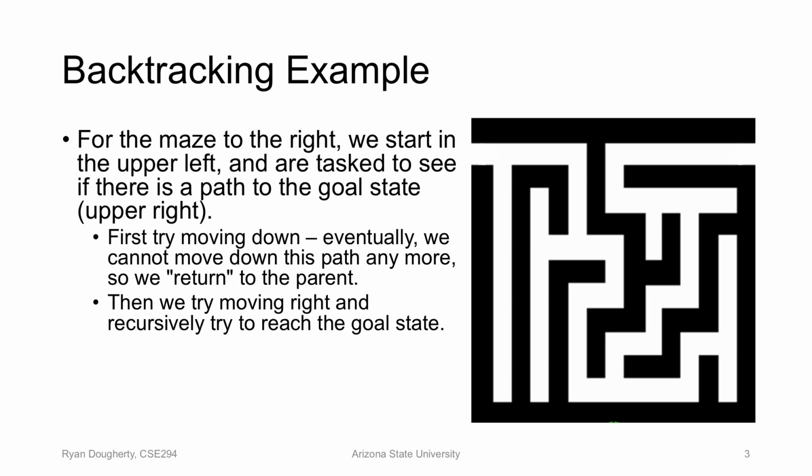Obviously, if there is no way to get to the goal state, which is this upper right corner, then I won't find it, because I'm trying every way from the start state. If there's no way to get to the final state, I won't generate it. But if there is a way to get there, I will find it, because it will try every possible way through the maze until I can generate a solution. Okay?